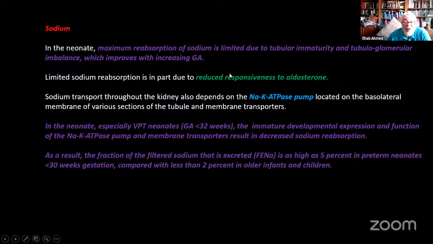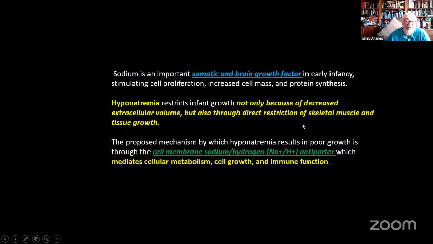Also, sodium, as we are going to see, is important for growth. It's not only for maintaining blood pressure and body fluids, but also for growth of the baby. A newborn baby who is hyponatremic will not grow normally as the one who has normal sodium concentration.